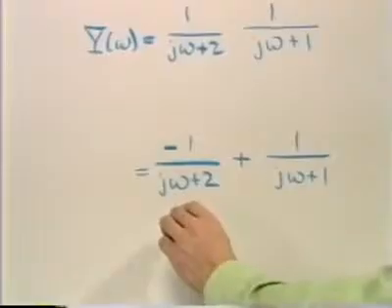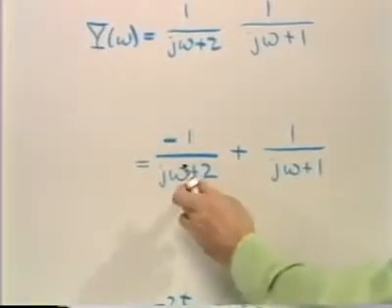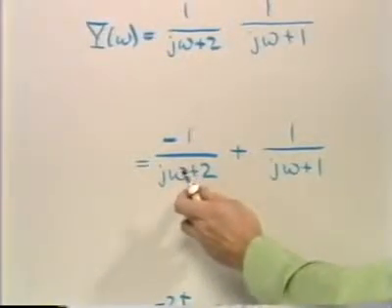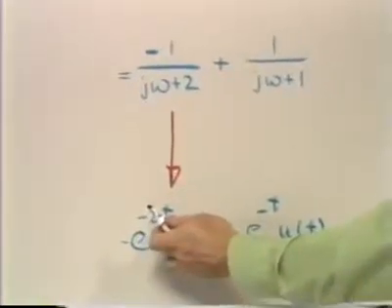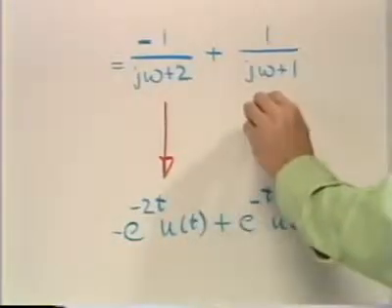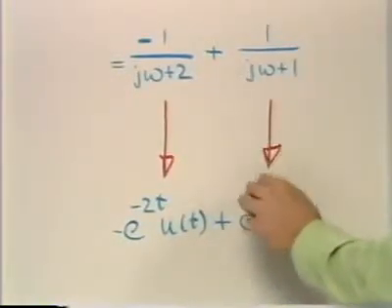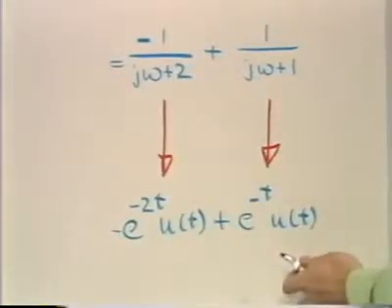And if we now recognize by inspection the inverse Fourier transform of this, we see that it's simply minus e to the minus 2t times the unit step. This one is plus e to the minus t times the unit step.